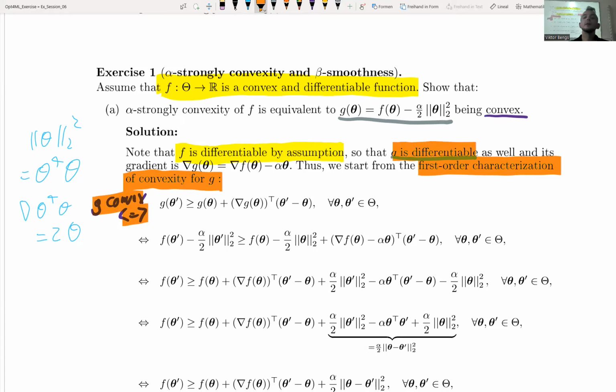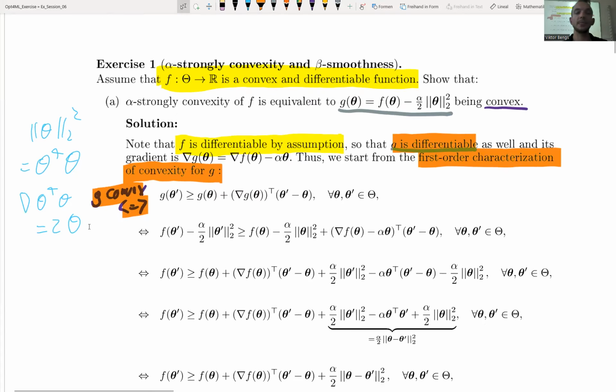Otherwise we would need to use a subgradient. First order convexity states that the first order Taylor approximation is always underestimating the function g for every theta prime, and theta prime is varying, and we can also play around with the constants of the linear function corresponding to the first order Taylor approximation.